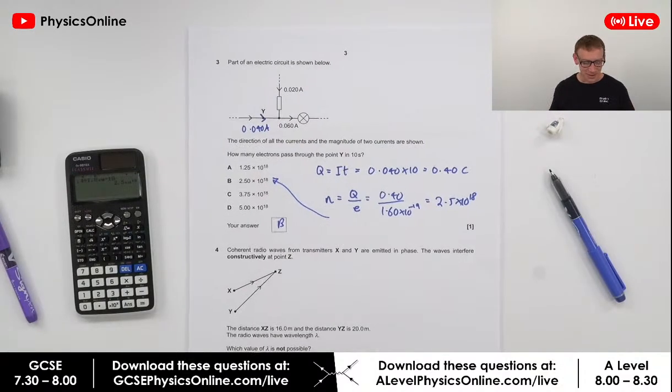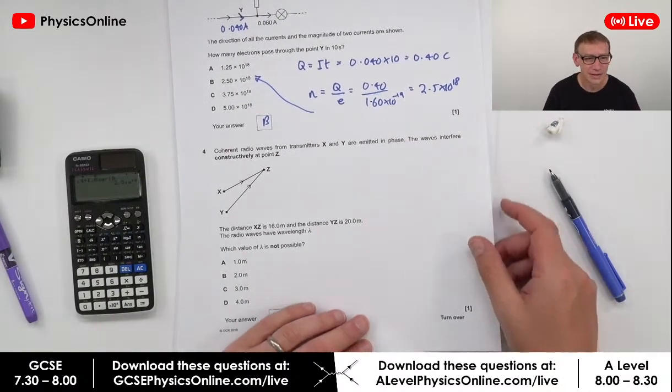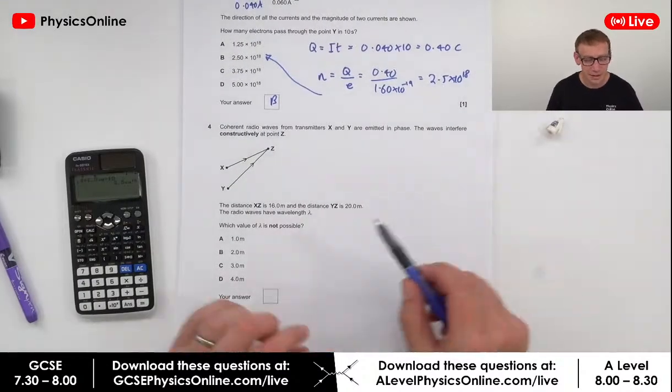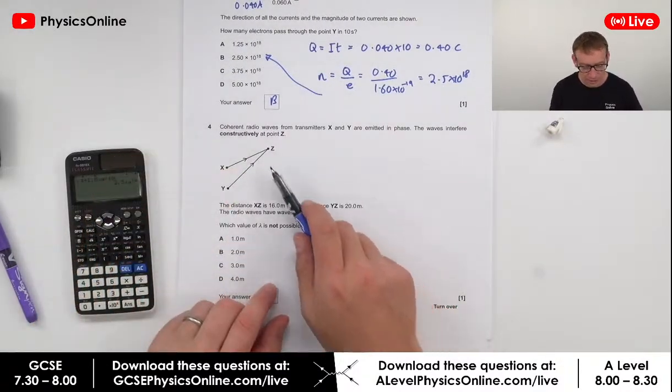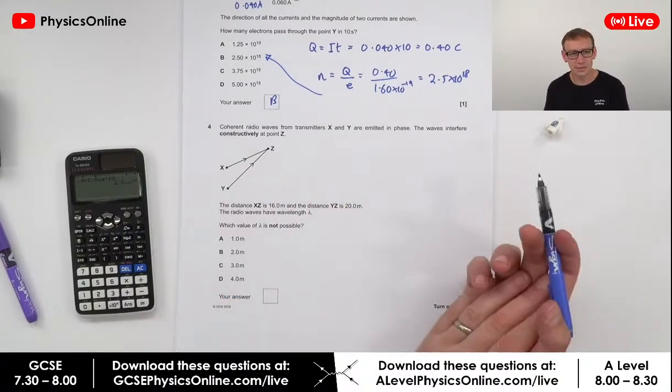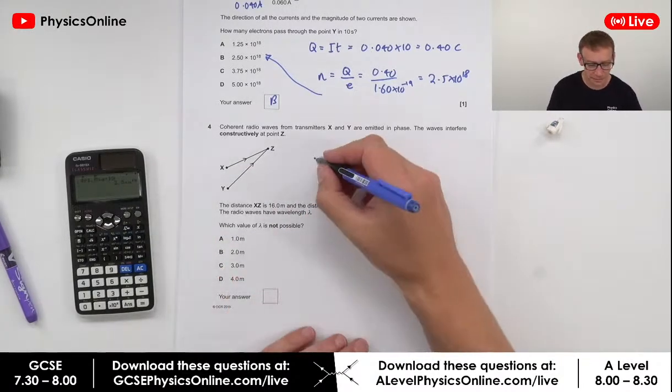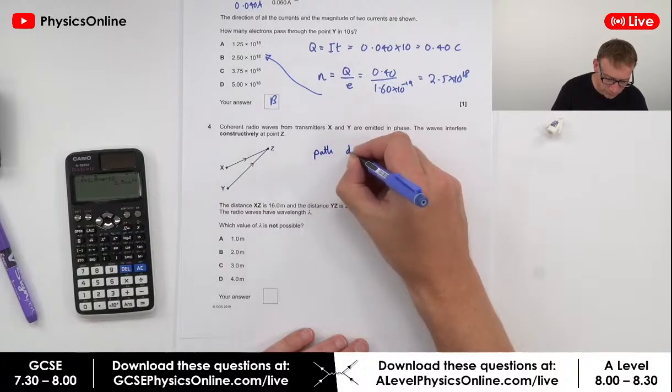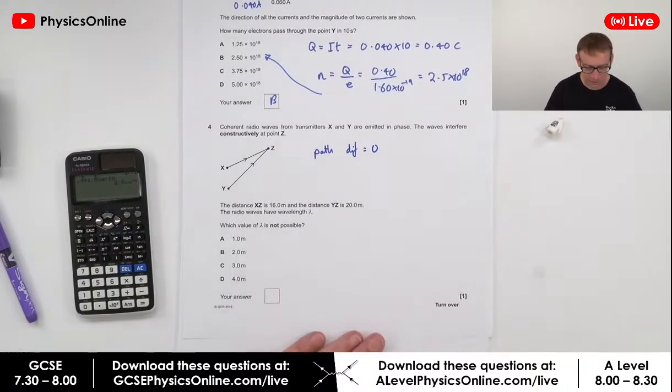Right, okay, we now have 2 radio waves. They're emitted in phase. The waves interfere constructively at point Z, and that means the phase difference is going to be 0, and also the path difference is equal to 0 as well.